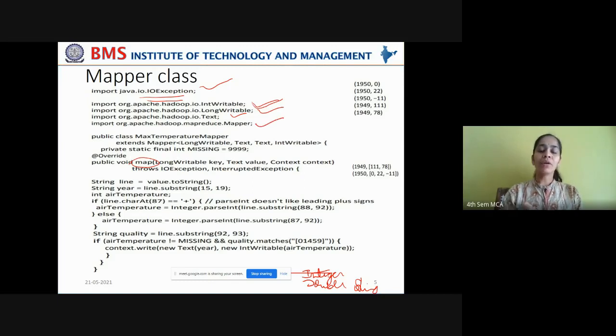Now we also have to import the superclass Mapper. This Mapper contains a map function which can be overridden or which can be redefined in this customized class. Okay, so what is the class we imported here? org.apache.hadoop, and from Hadoop we are getting the package mapreduce.